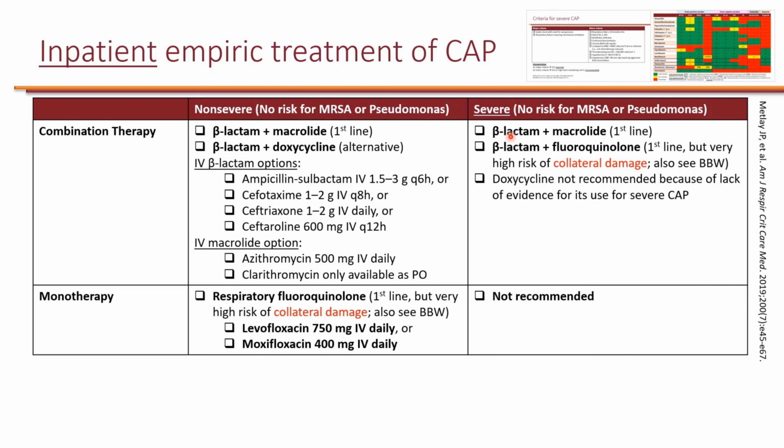So we use a combination of beta-lactam plus macrolide or beta-lactam plus a fluoroquinolone, and both of them are considered first line. And of course, the preference will be beta-lactam plus macrolide because of the collateral damage of fluoroquinolones. Now, doxycycline is not listed for severe, again, because of the lack of evidence with doxycycline, and we don't really want to take a chance with severe because of the increased risk of mortality.